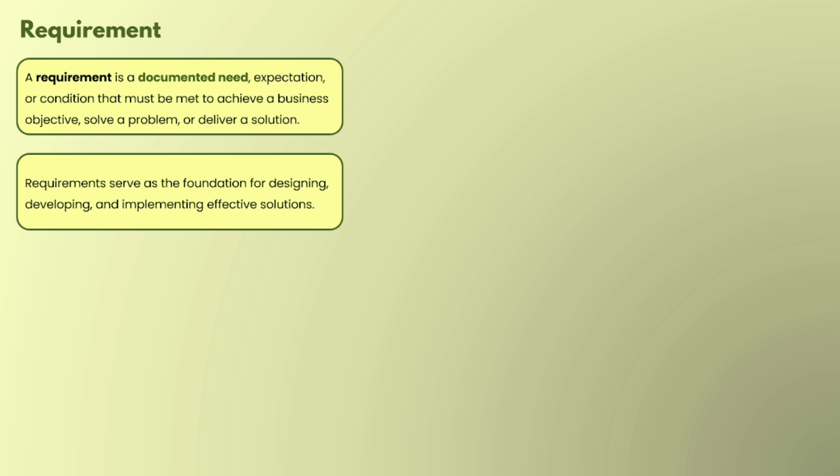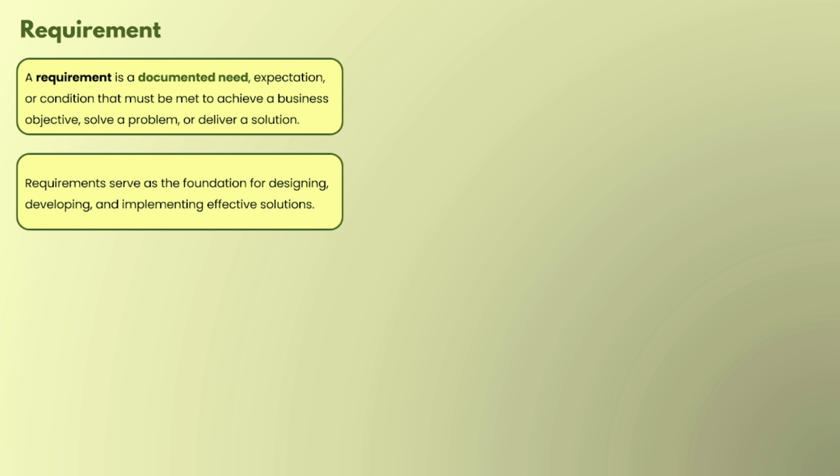Next, requirement serves as the foundation for designing, developing and implementing effective solutions. Well, we all know that there are different phases of software development. As we see in SDLC, we understand what software is and how software development works. Both stages, requirement gathering, and designing and implementing, heavily depend on having accurate and well defined requirements.